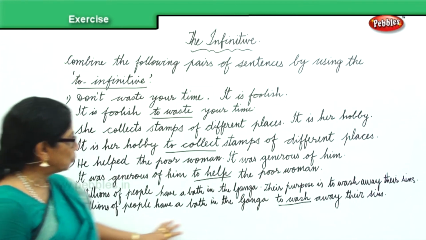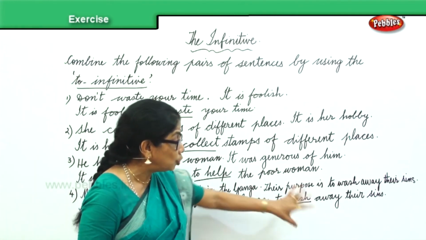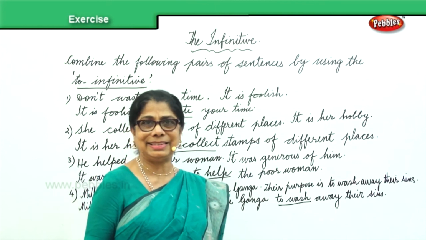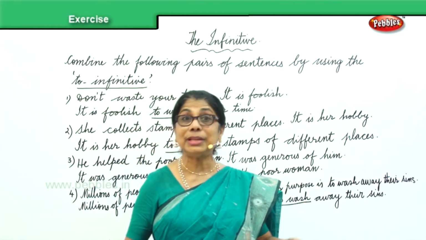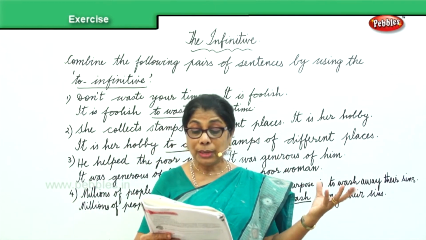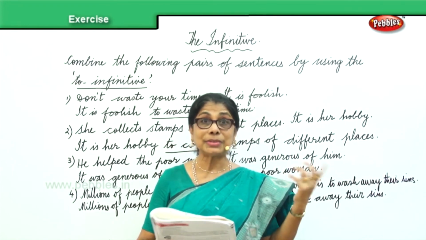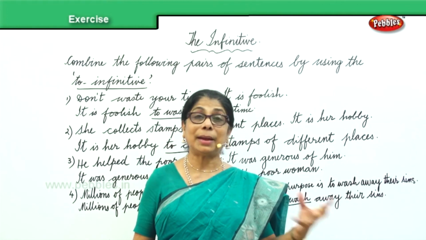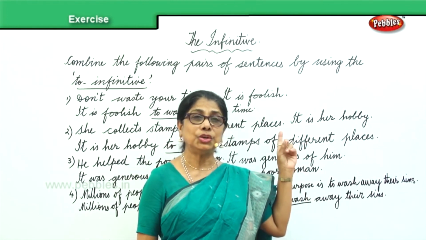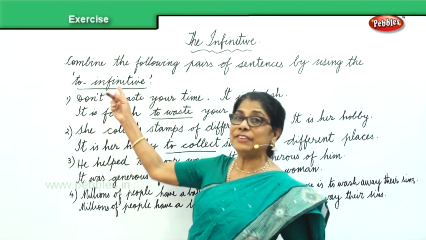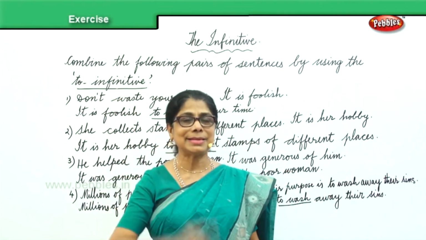Millions of people have a bath in Ganga to wash away their sins. It is our duty to respect the elders. She studies hard to stand first in class. So combining two sentences using to infinitive to make a single sentence.